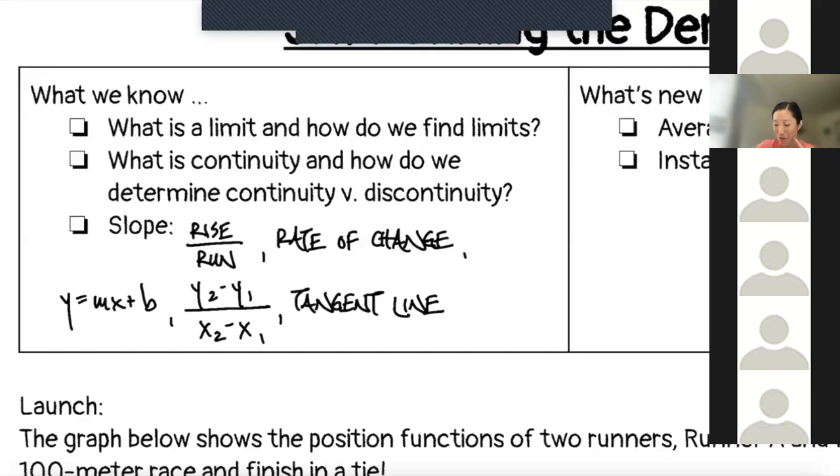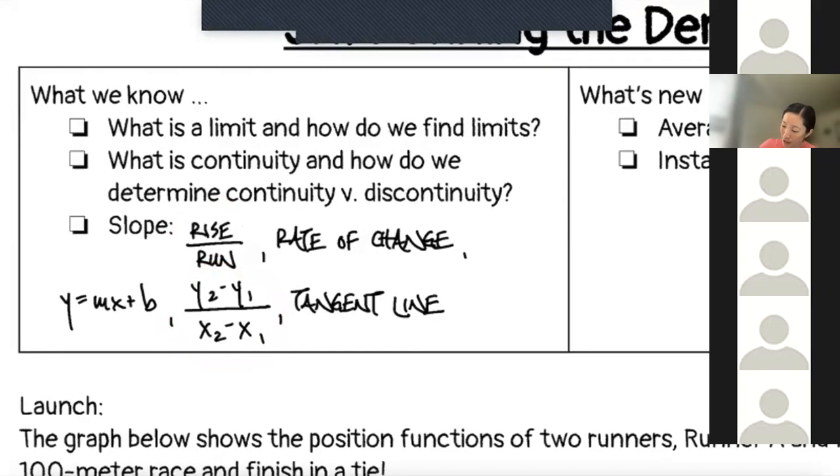We're so used to saying rise over run that we sometimes forget rise means the y values and run means the x values, right? That's going to be really important because we are going to be finding a lot of slope and I don't want us to mix up the order in which we plug in our x's and y's, okay?